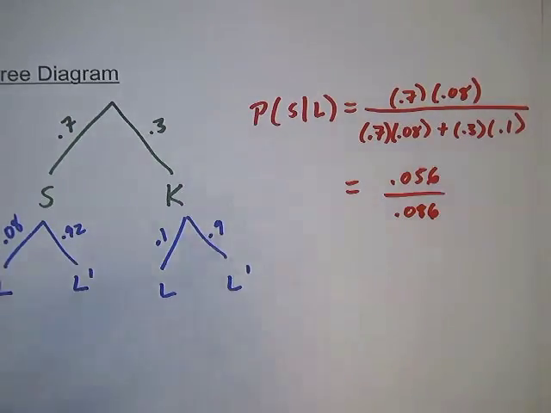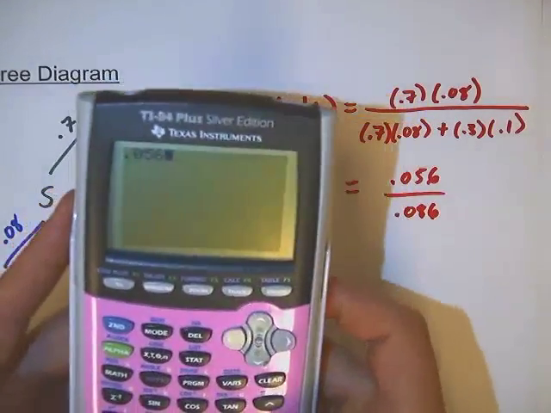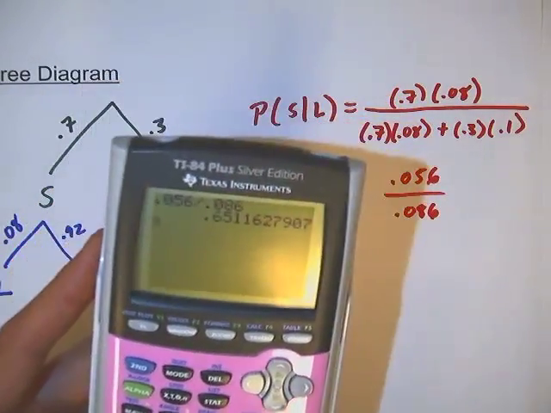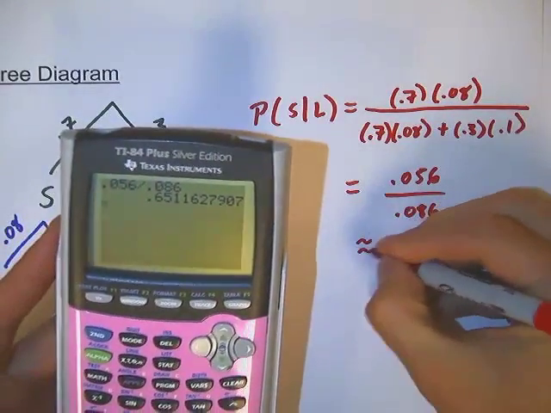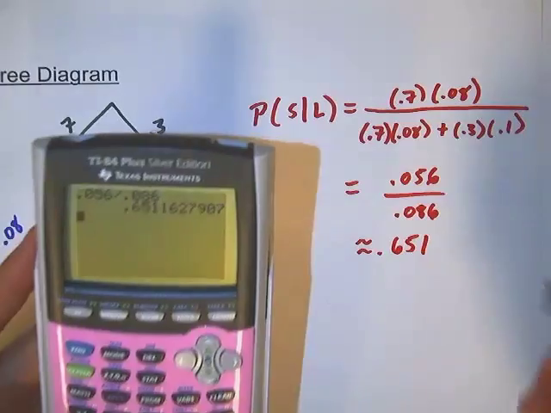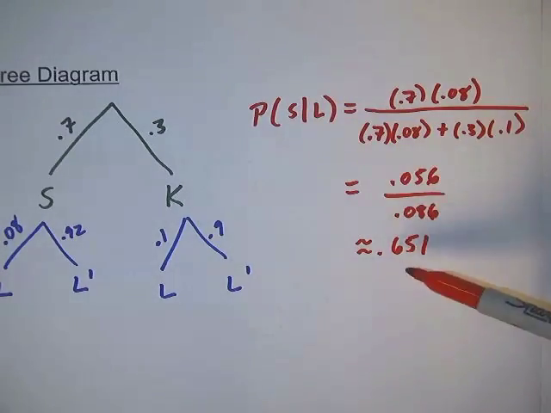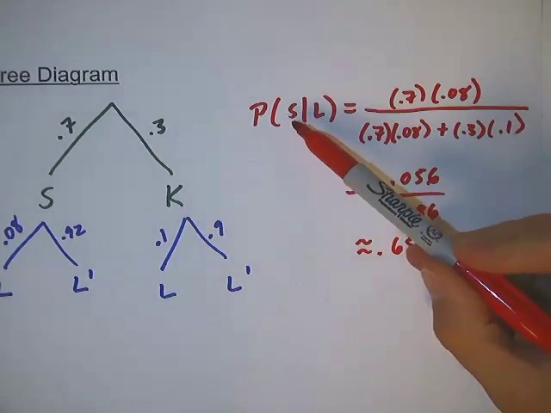Then to divide those two, we end up with about 65%. So that means if you knew the package was late, there was a 65% chance that it was Speedy.